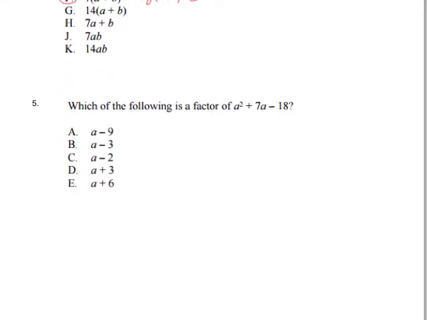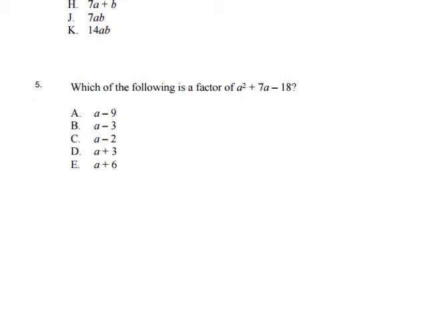Number 5, which of the following is a factor? So here's your key word there. We have learned to factor, and this guy right there is a trinomial. In other words, what we're looking for is breaking this thing down into the double parentheses like we've done so many times before.